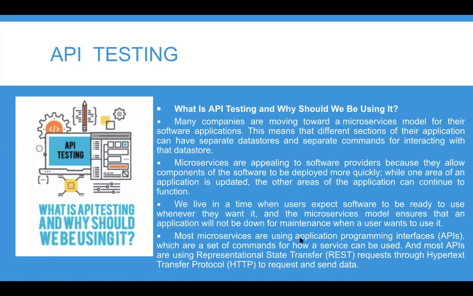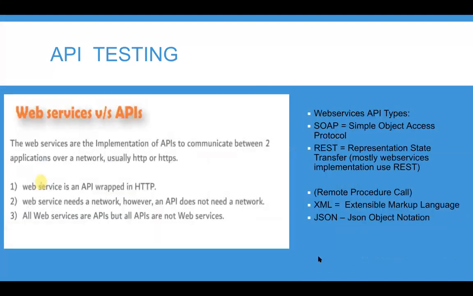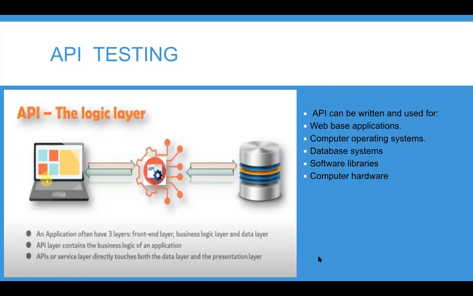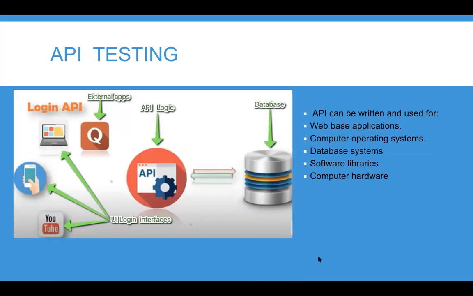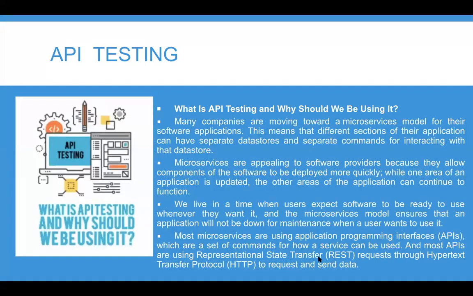An example of an API is a REST API, which stands for representational state transfer, and that sends requests using a protocol called HTTP to send and request data, basically. I do hope I'm making sense. There's a lot of information, but you can read more about it after the class.